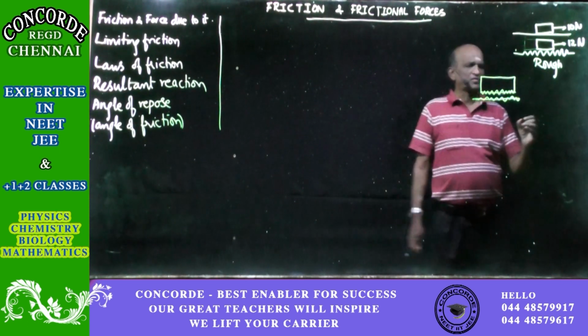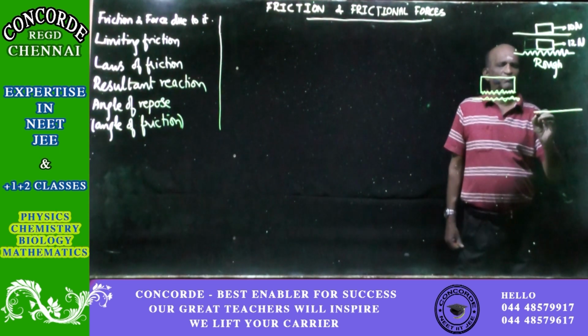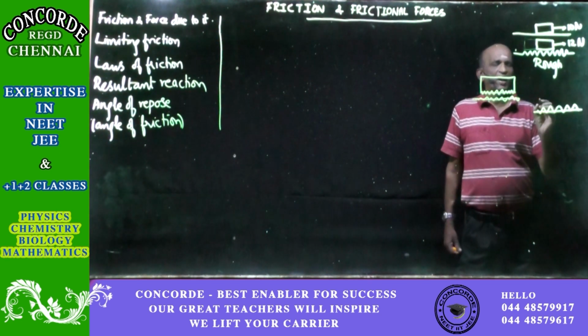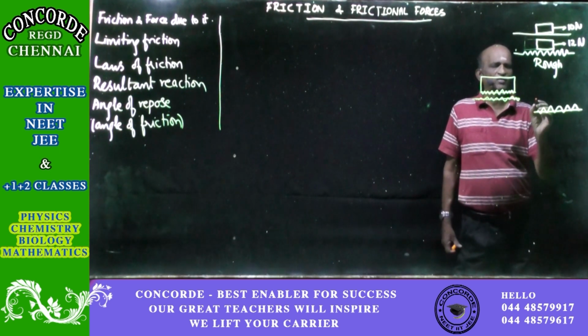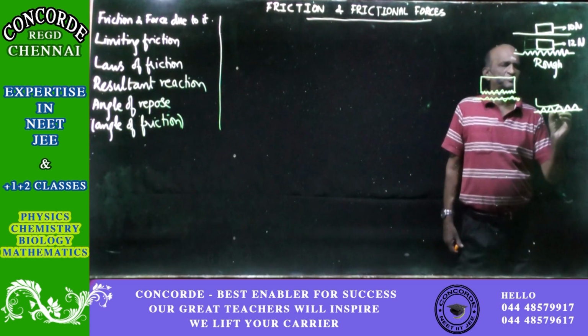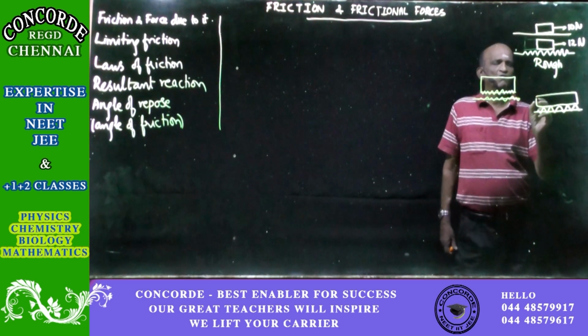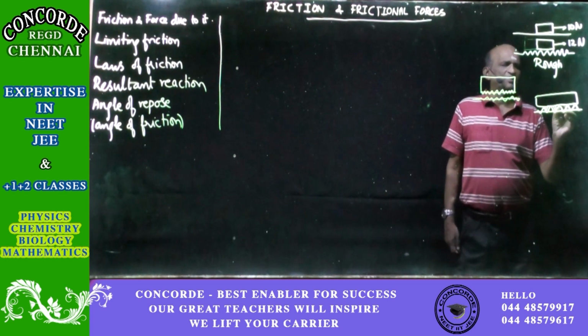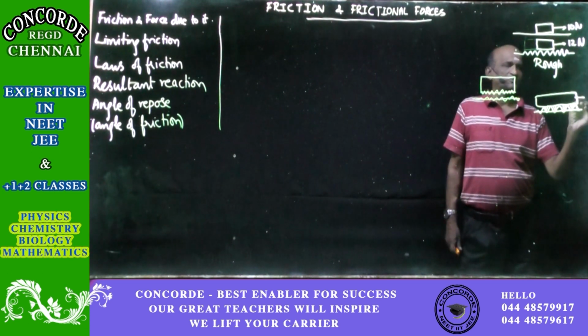So when you place the body on the rough surface like this, and the body also will have a rough surface like this, the ups and downs of the body, when it is moved, will contact the projections of the surface.